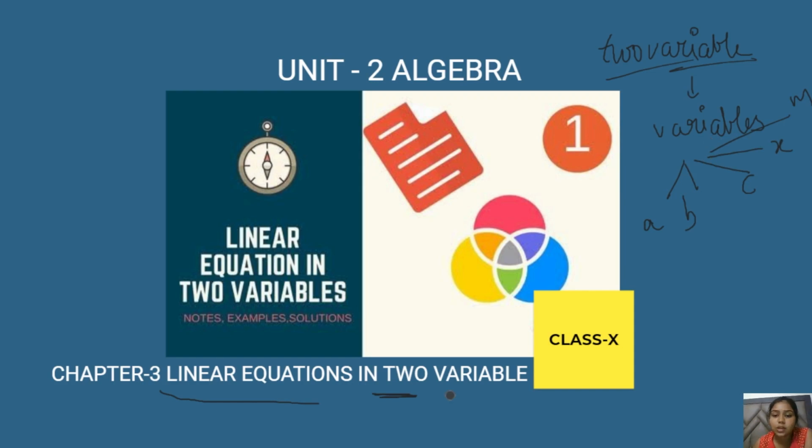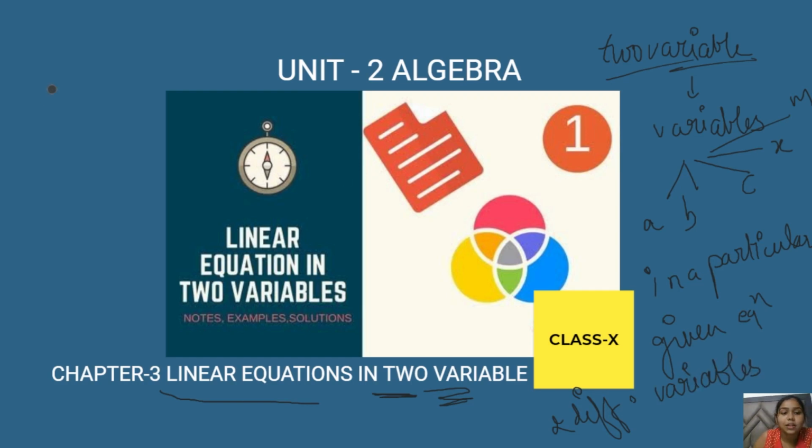So basically, two variables means that in a particular given equation, two different variables are there. What does that exactly mean? An example of a linear equation in two variables can be 2x minus 3y plus 2.